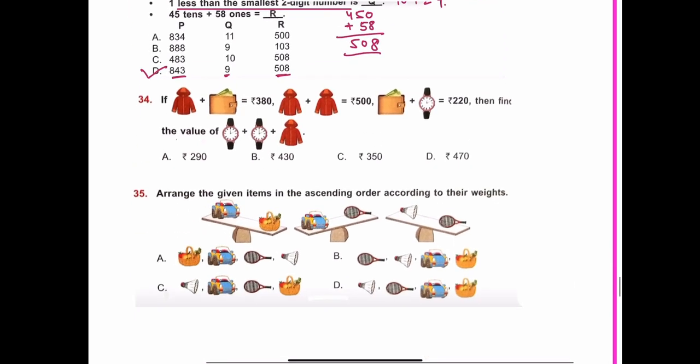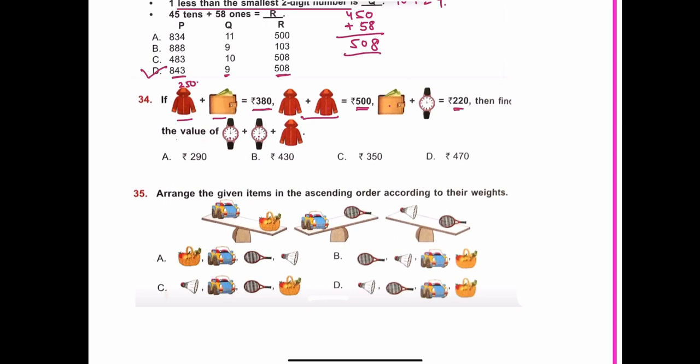Next question 34. If jacket plus wallet is equal to 380 and 2 jackets is equal to 500, and 1 wallet and 1 watch value is equal to 220, then find the value of 2 watches plus 1 jacket. First, the value of 2 jackets is given as 500. It means each jacket is 250. So write this value 250 here.